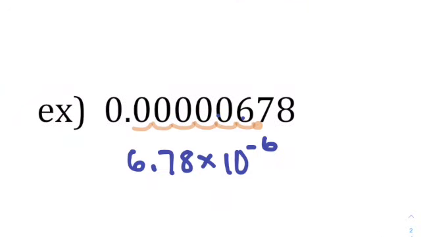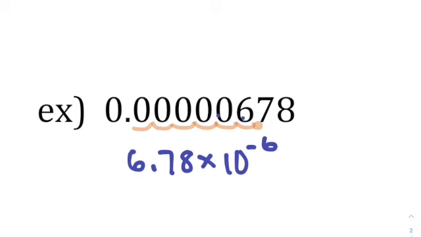The next one is again a very small number. To make it into a bigger number, because 6.78 is definitely bigger than 0.000067, it's going to be a negative exponent, or you can think about it that it's a very small number, so it's going to be a negative exponent, first of all. Now, how do I know the 6?